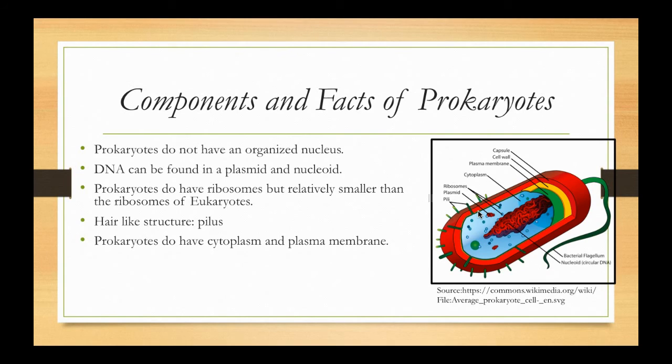Prokaryotes do have cytoplasm and plasma membrane, but the cytoplasm does not include any cytoskeleton, which is a structure to maintain the shape of the cell. And prokaryotes divide through binary fission. They don't do any mitosis or meiosis, so they only divide themselves by binary fission.